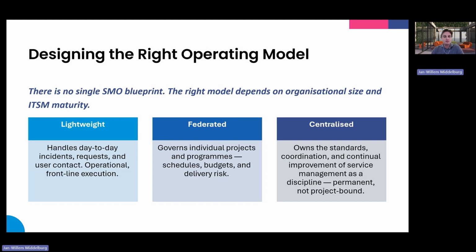In my experience, I've seen that over time, a centralized function and centralized operating model works best because it establishes clear ownership in any kind of organization. And over time, that SMO starts to become the knowledge hub for everything IT service related and becomes the sounding board for the rest of the organization.